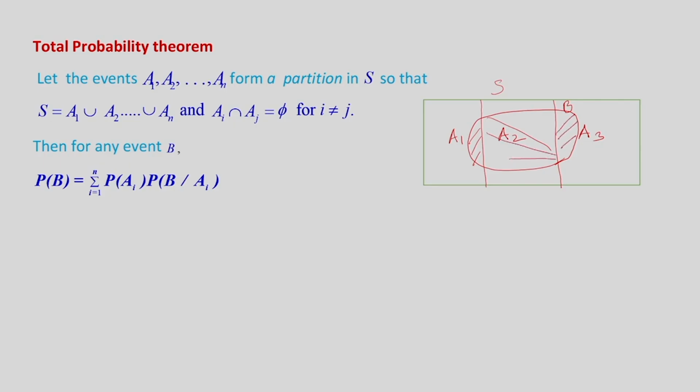Probability of this part is P(A1) times P(B given A1). Probability of this part is P(A2) times P(B given A2), plus probability of this part, which is P(A3) times P(B given A3). So, this illustrates the total probability theorem.